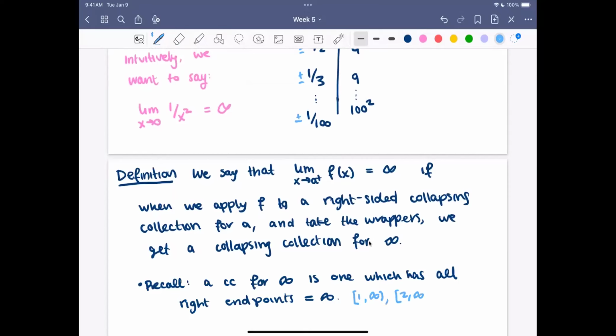So 2 comma infinity, 3 comma infinity, and so on.